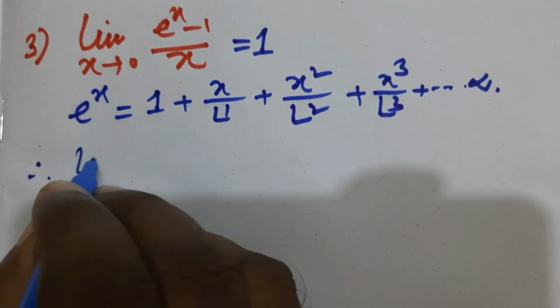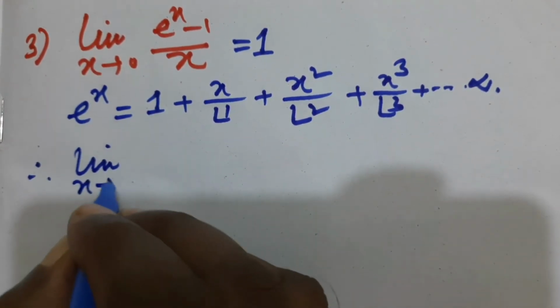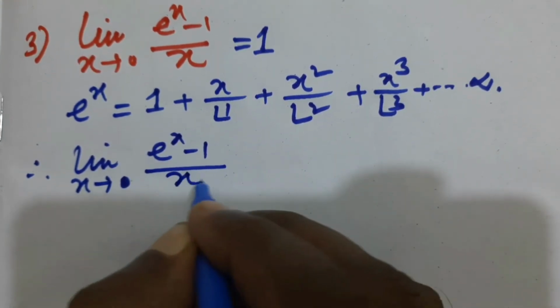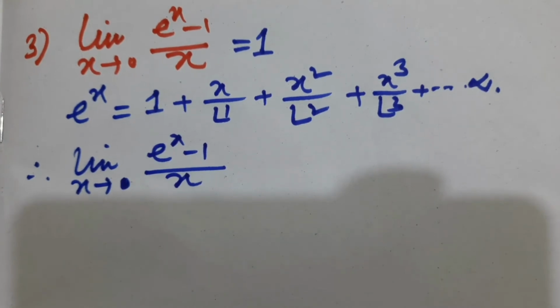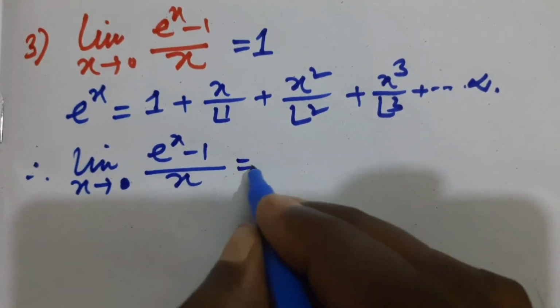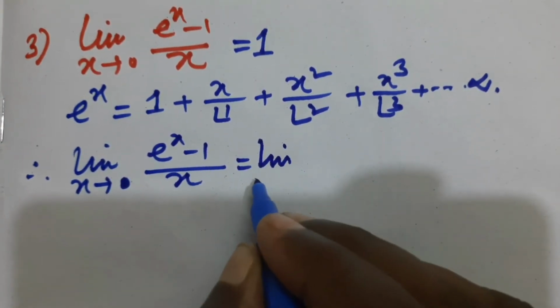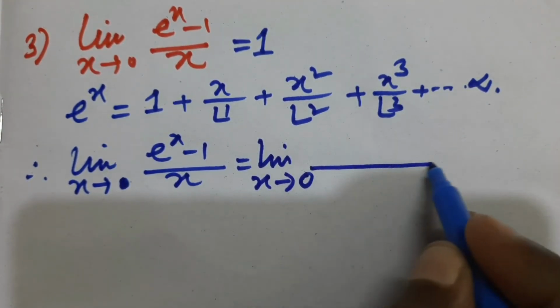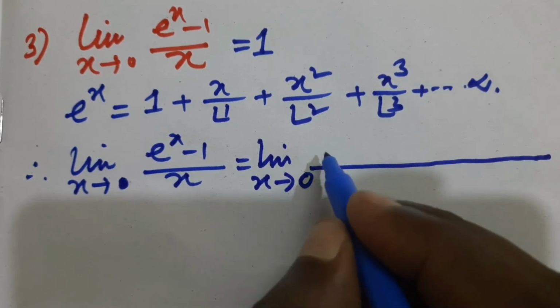Therefore limit x tends to 0, e to the power x minus 1 by x. So this is equal to limit x approaches 0.